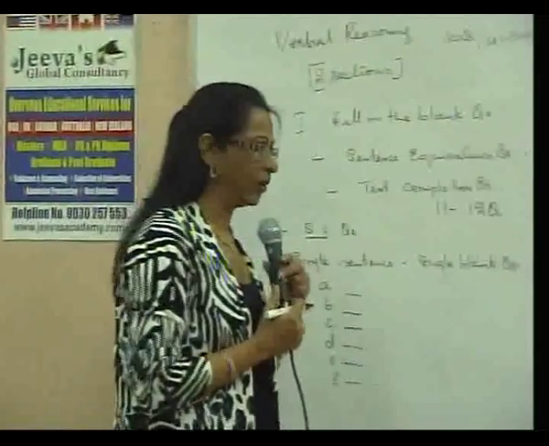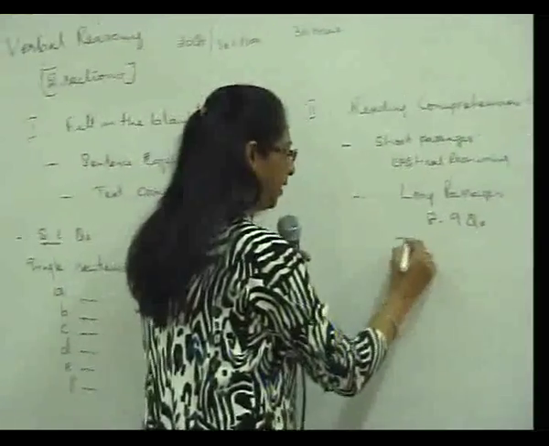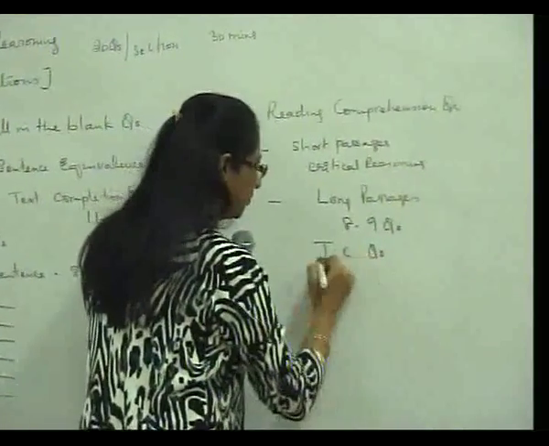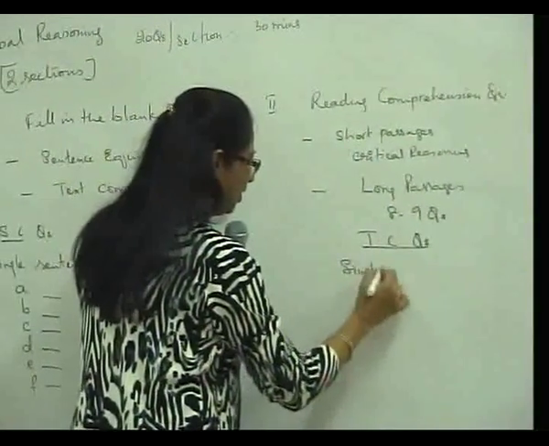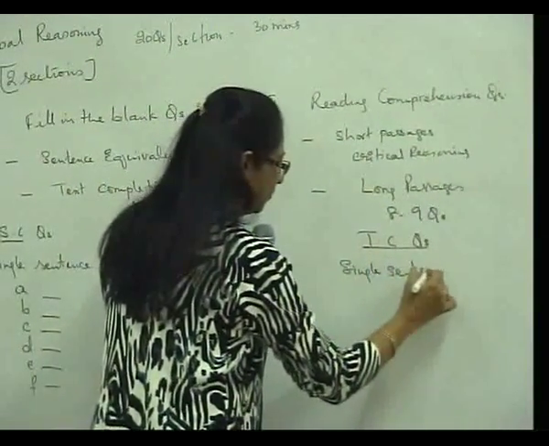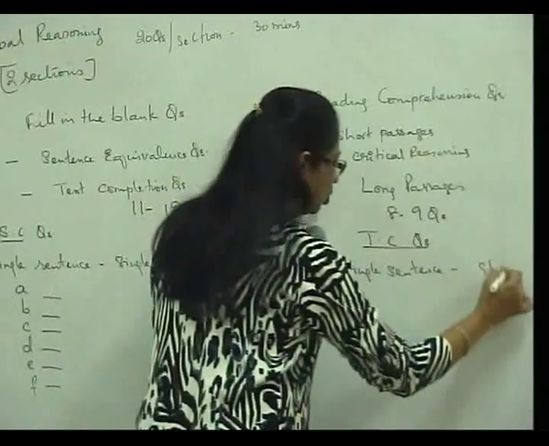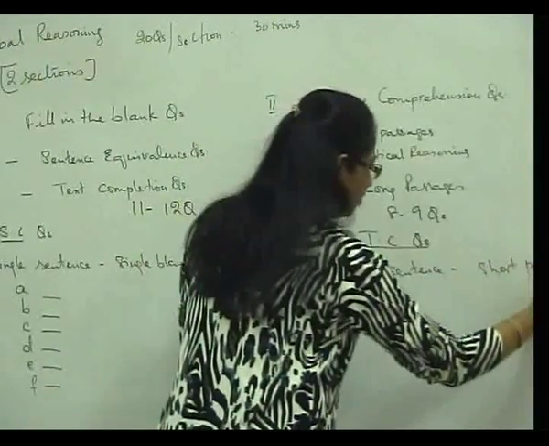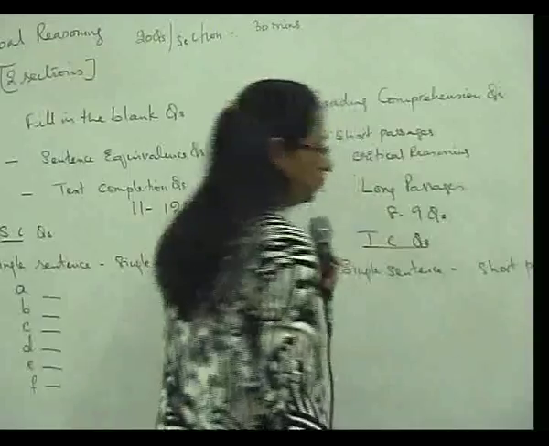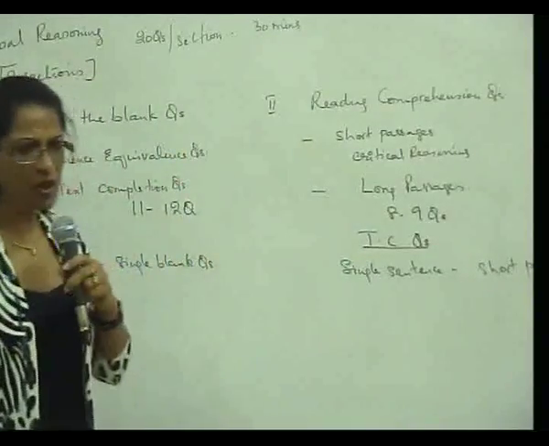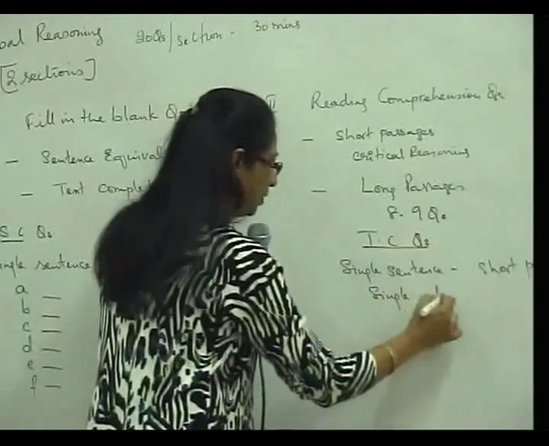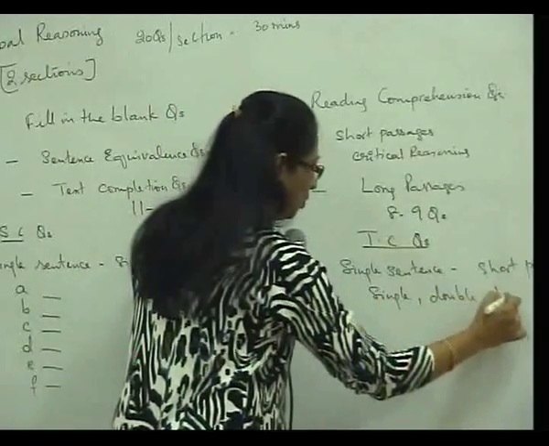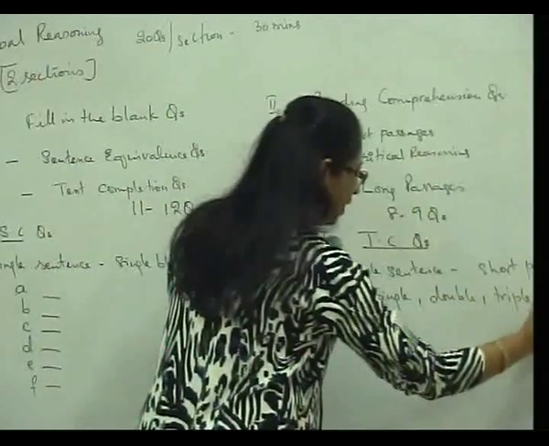perfect for the blank. Now, coming to the text completion questions, you have here anywhere from a single sentence to a short paragraph as your question. The text completion questions have single, double or triple blank questions.